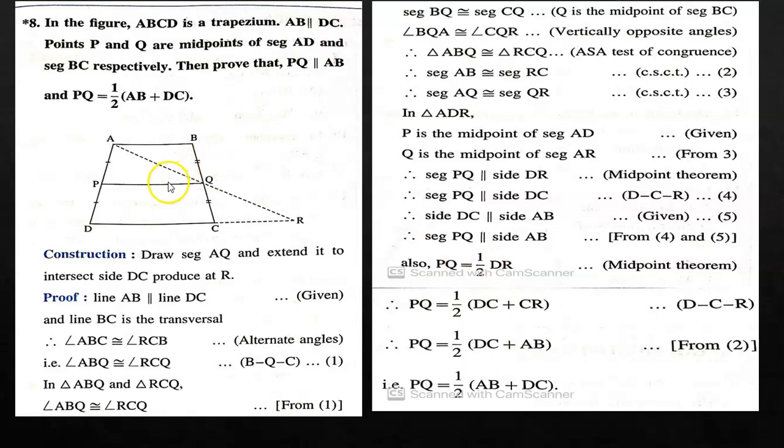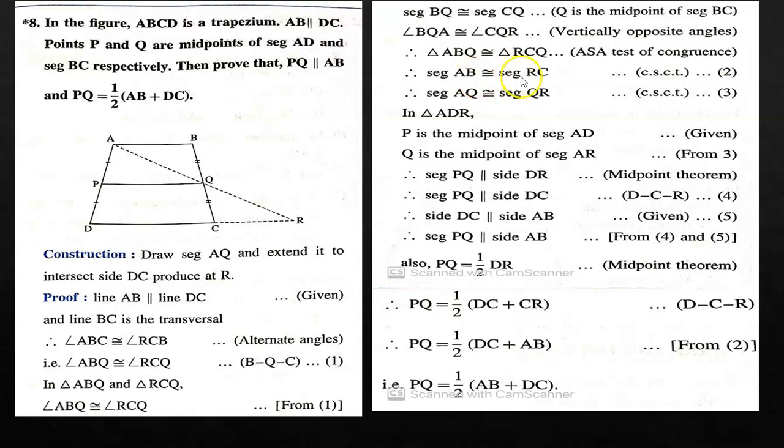Also, by the midpoint theorem, I can say PQ is half of DR. So PQ would be half of DC plus CR, because DR is DC plus CR, D-C-R being collinear. And I know that CR is equal to AB.